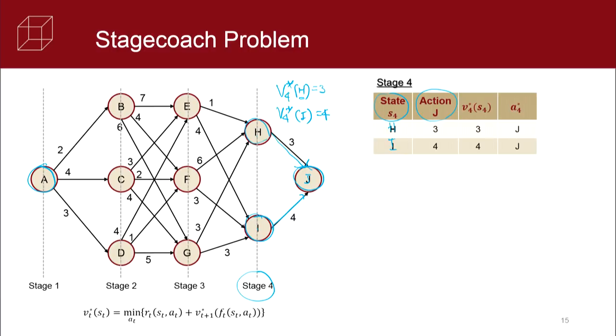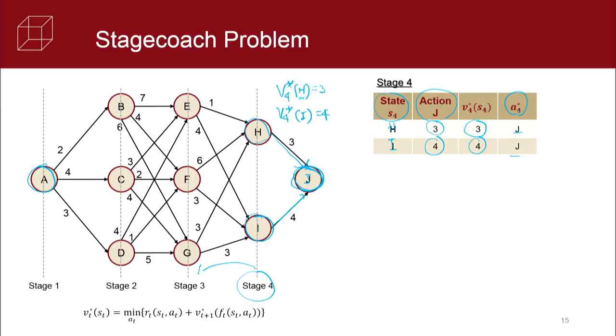The action is the next node to visit, so there is only one decision, one action, and that is J. It costs 3 and 4 respectively, so the minimum should be 3 and 4 respectively. The action to choose at the current state must be J. There is only one action available in this case.